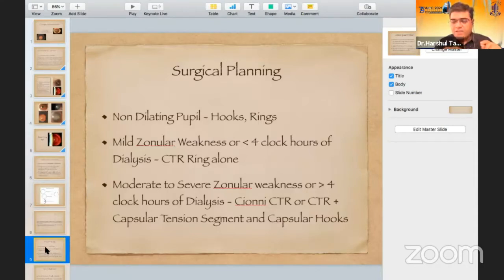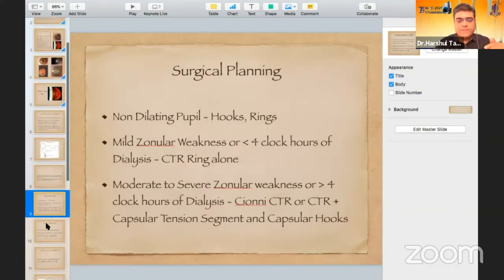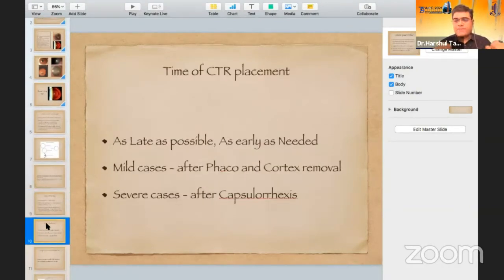We need a Cionni CTR to fix the CTR with the sclera, or we need CTR along with capsular tension segment, and along with them we may require capsular hooks to provide stability to the capsular bag during surgery.